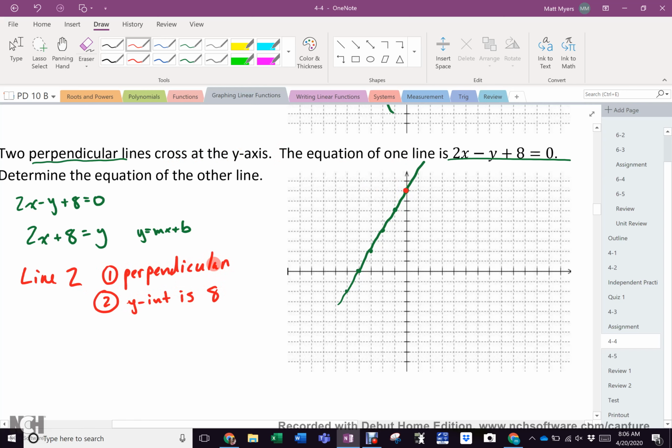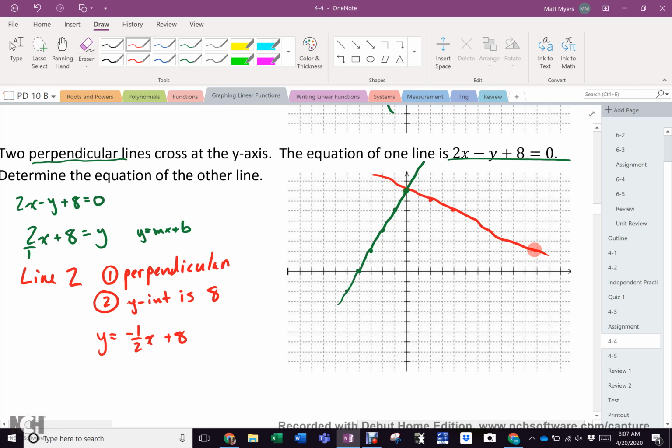Well, perpendicular means it's got an opposite and reciprocal slope, right? So line 2 must have an opposite and reciprocal slope. Well, this is 2 over 1, so this must be negative 1/2 plus 8. Down 1, right 2, down 1, right 2, and there we go.